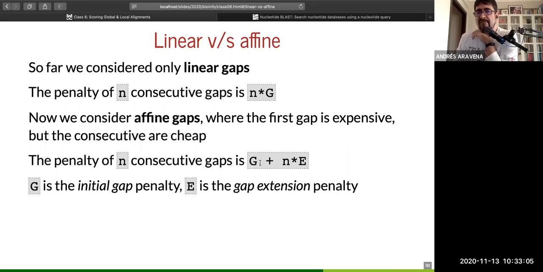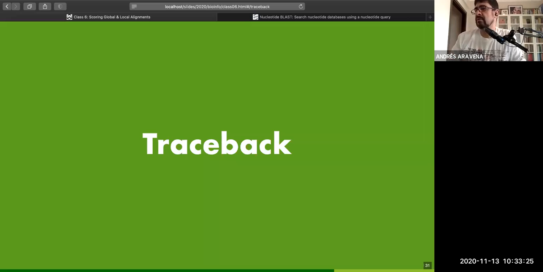If you have a fixed cost and then an extension penalty, that is called an affine gap. So right now, I just want to give you these keywords, linear and affine. Affine means that you pay a price for opening the gap. And we can stop here.